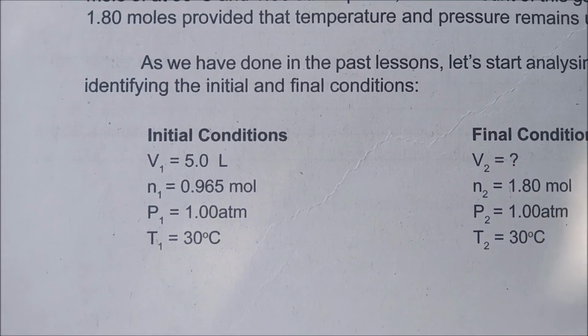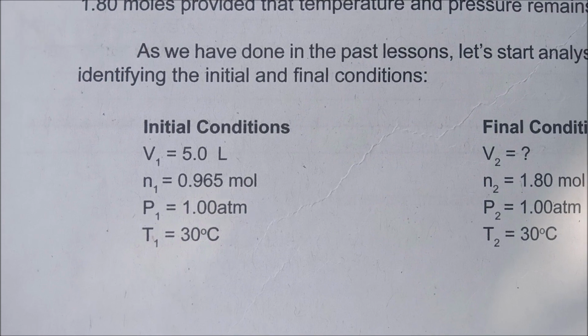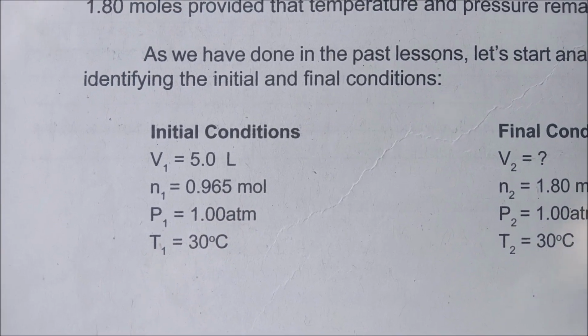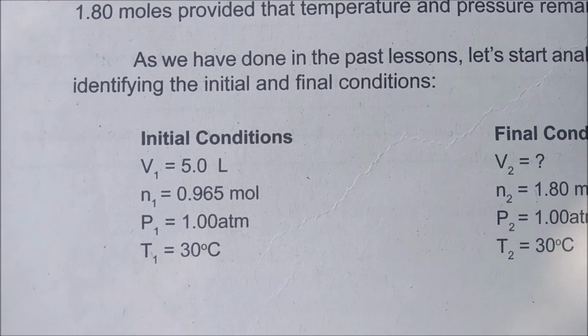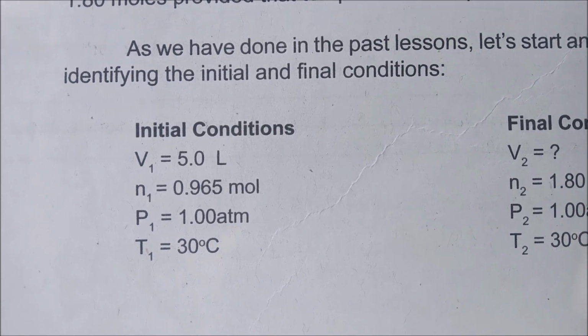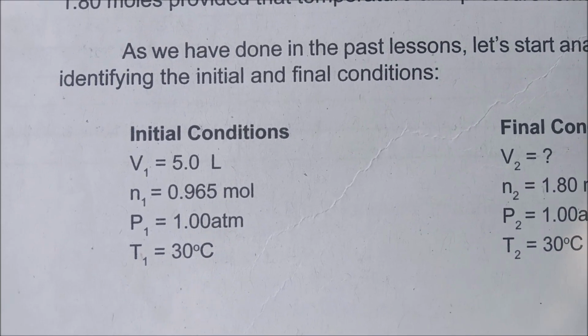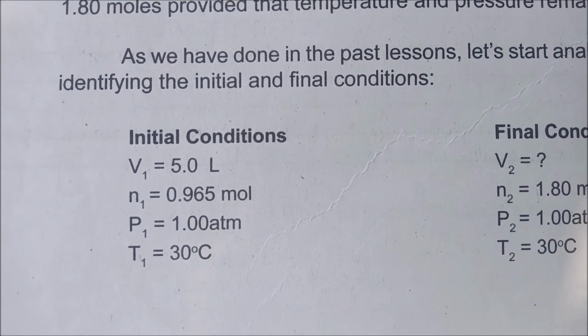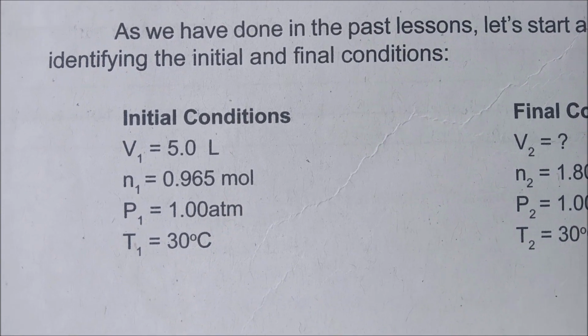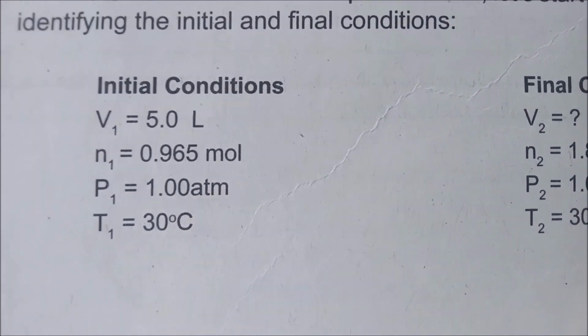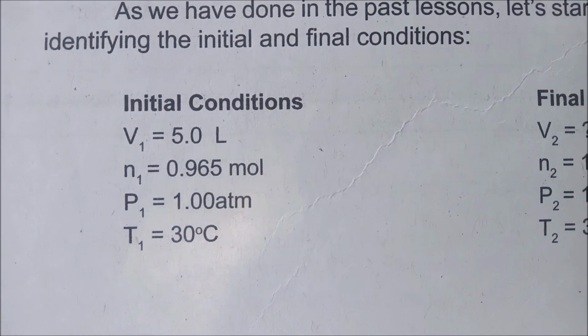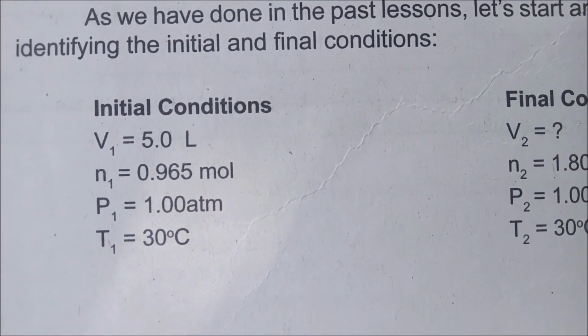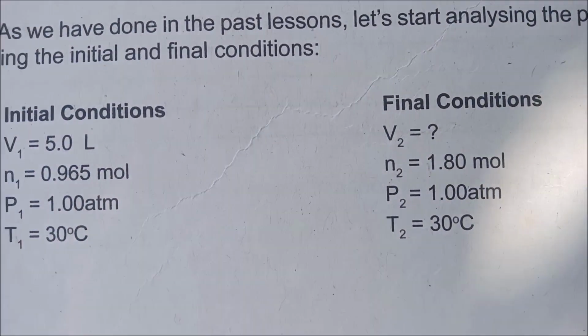So if you're going to look at the initial and final conditions from the problem, we have V1, initial volume, is 5 liters. You have initial number of moles of the helium gas, which is 0.965 mole. The pressure is 1 atmosphere, which remained constant. Same is true with the temperature, which is also constant from the initial to final conditions at 30 degrees Celsius.